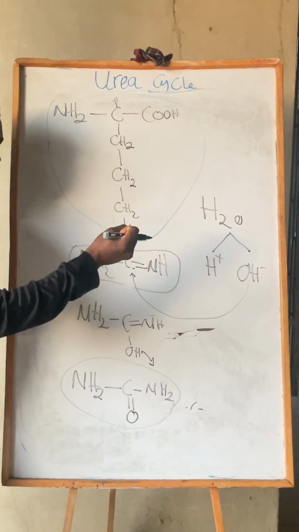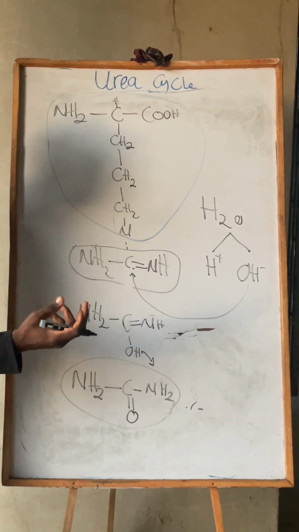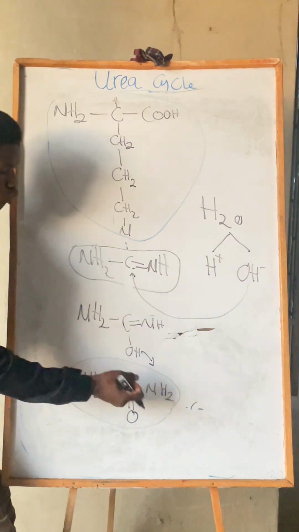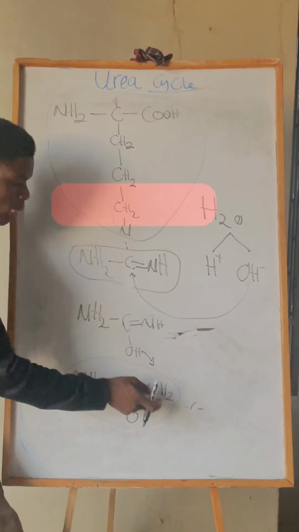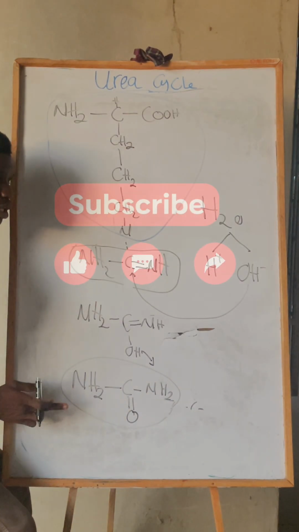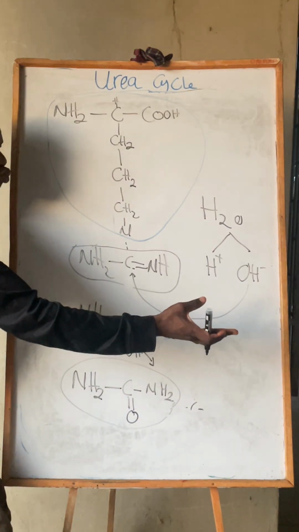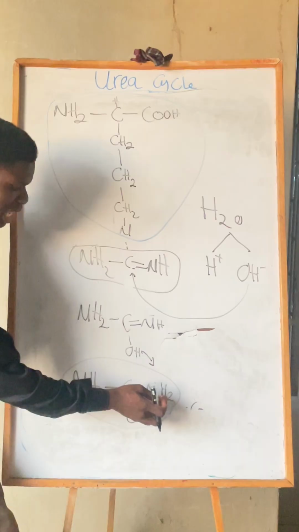So it will use those electrons to attract a proton. You know, a proton does not have an electron. A proton is a hydrogen without an electron. So it will use the electron to attract the proton to itself. So it was NH before, and it will now turn to NH2, because a bond has been shifted into the nitrogen, and it has used that electron to attract a proton. Now it is NH2.